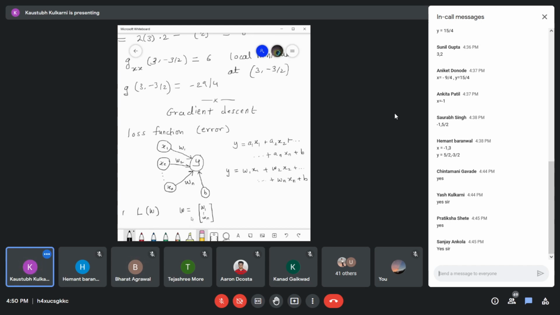So we have to find the minima, or minimize L of W, where W is W1, W2 to Wn. It's a vector, just like we have seen in multivariable functions before. We express all the variables as a vector, just like that it is here. And let's see how we proceed with gradient descent.